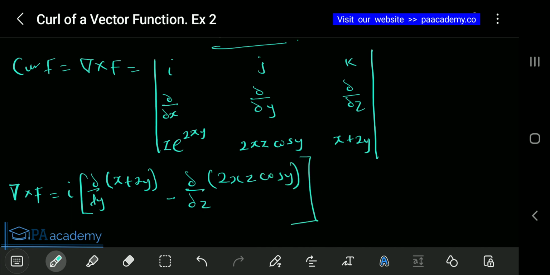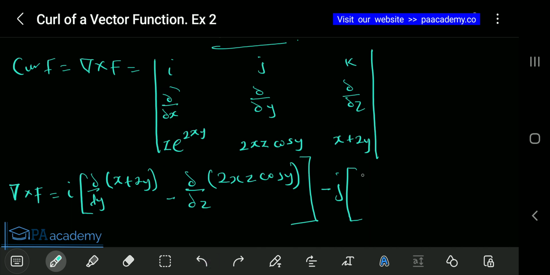So that's the first square bracket, and for the second one we're going to have minus j. Don't forget, the same way you solve for your determinants. Since it's j now, we are going to ignore this particular column. We multiply this with this, and then subtract the product of this and this from the initial multiplication.